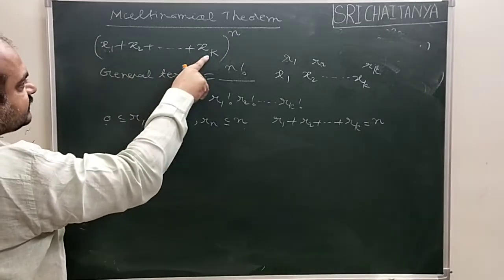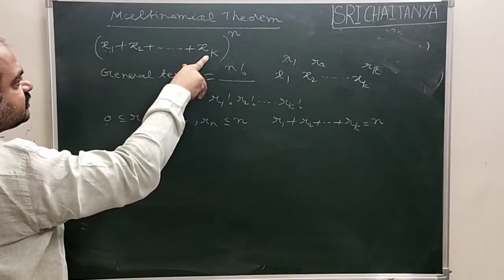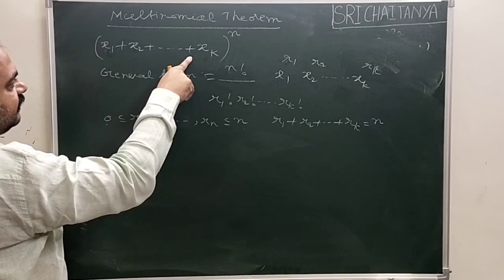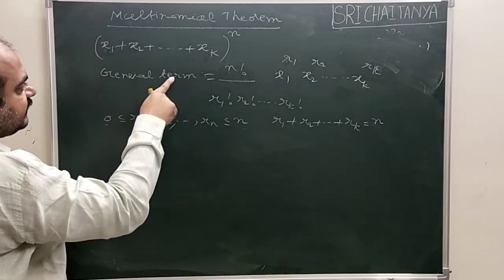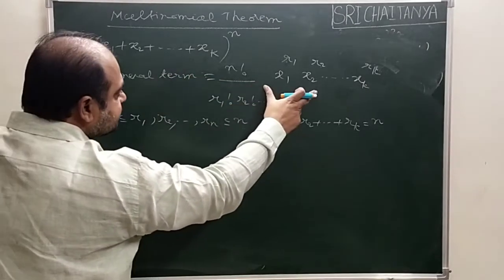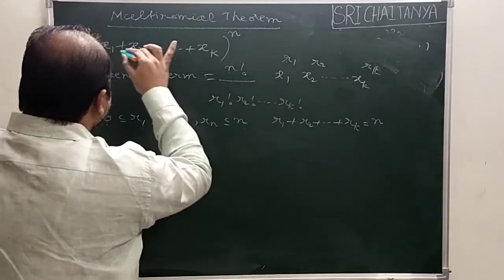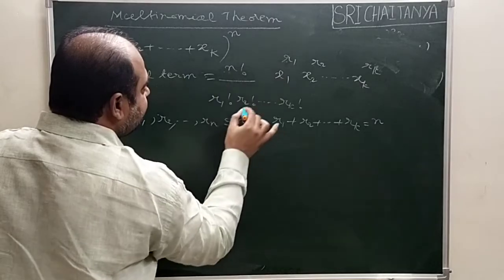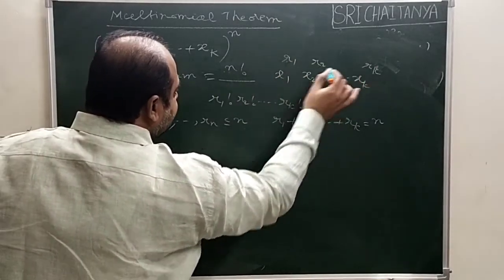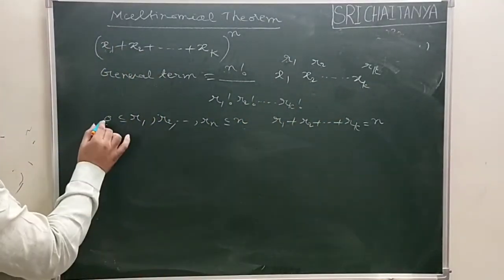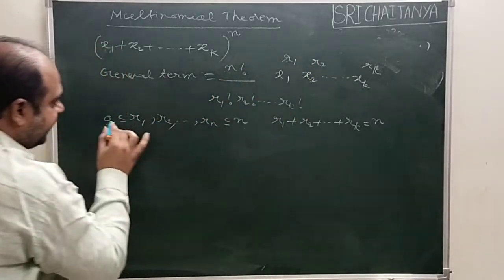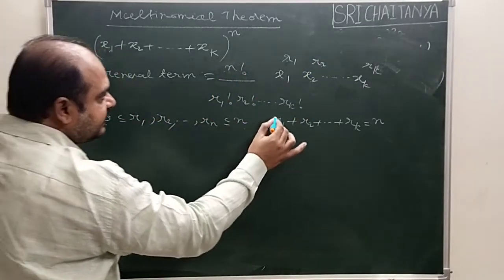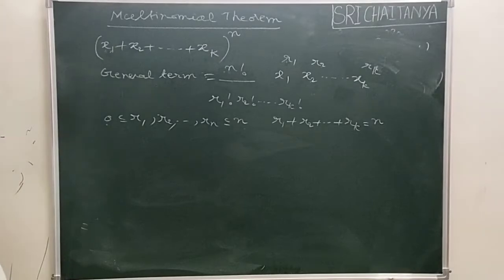So when the expansion has more than two variables to the power n, use this one. Take any term: for every variable you raise a power, then n factorial divided by this factorial into this factorial into this factorial. Write the conditions: these powers lie between 0 and n, and the sum of these powers is n.